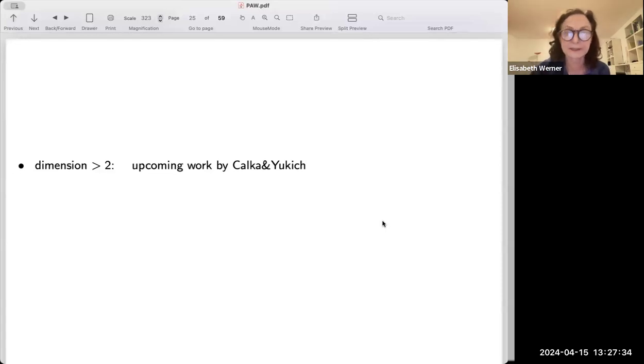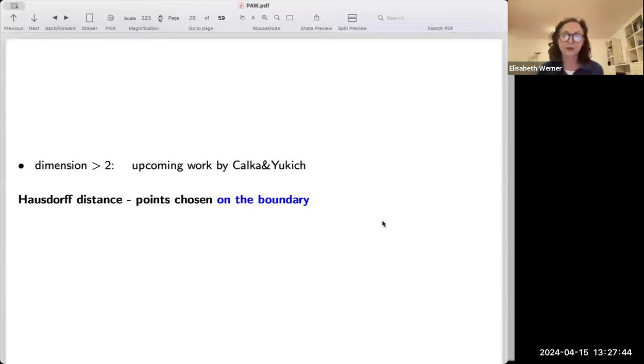Again, in the inside situation, that is when the random points are chosen inside the convex body K. So that was a short detour on random points chosen inside the body K and the Hausdorff distance. Let's now march to the Hausdorff distance where we choose the points on the boundary.